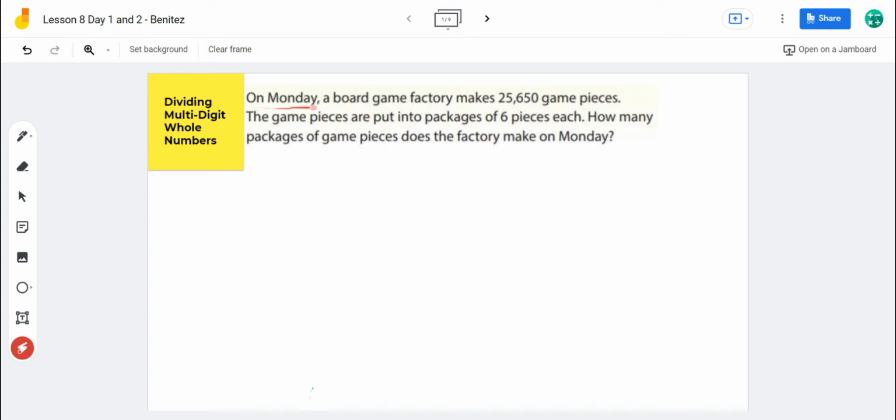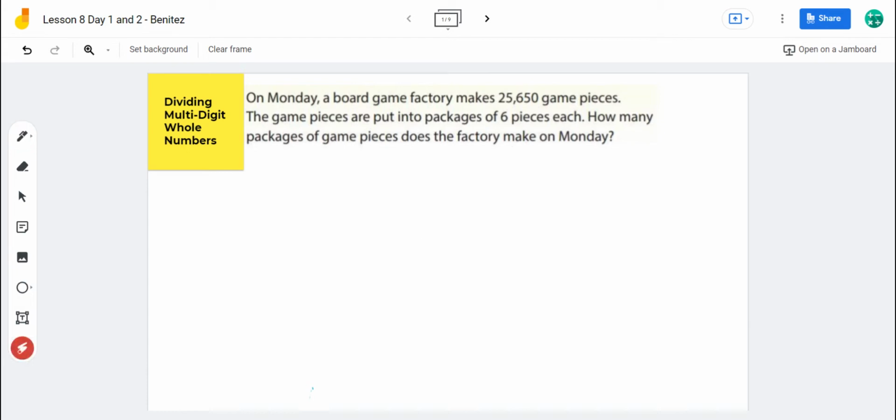On Monday, a board game factory makes 25,650 game pieces. The game pieces are put into packages of 6 each. How many packages of game pieces does the factory make on Monday?